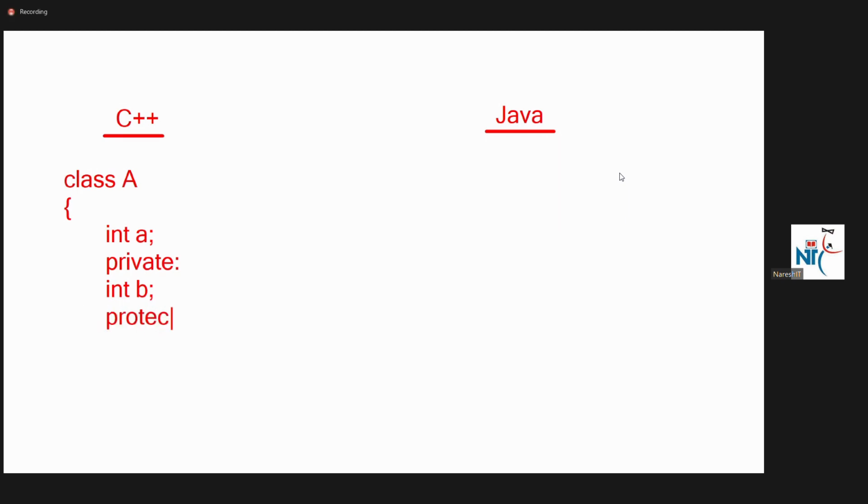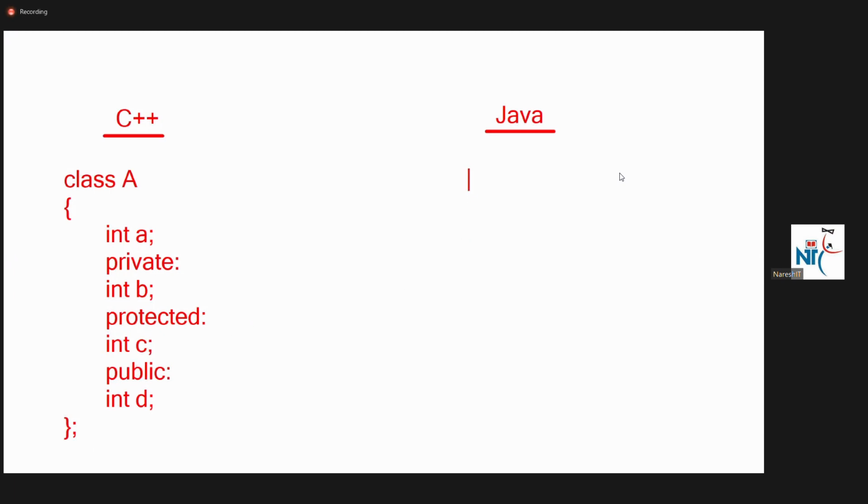Protected. For this concept only, the comparison makes it easy. That's the reason I'm comparing. Like this, public, integer D. It is C++. Here a semicolon also will be there. That is C++ class syntax. Here a colon will be there: private colon, protected colon, public colon.